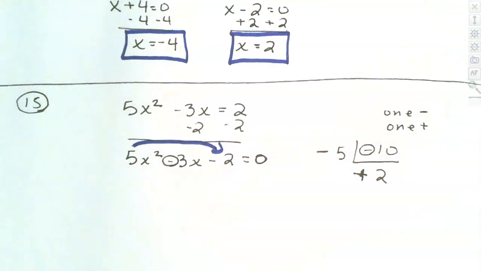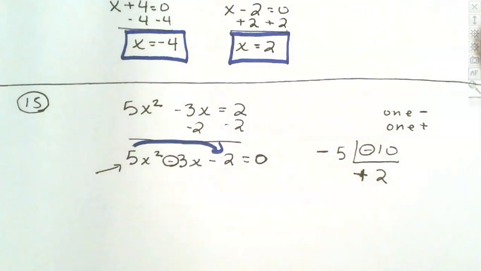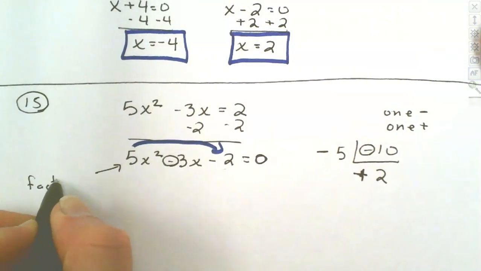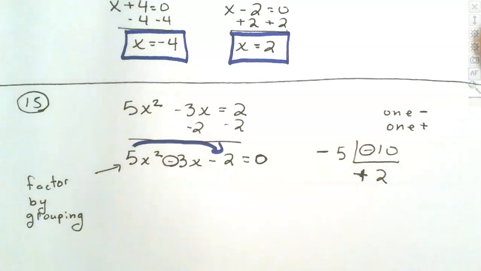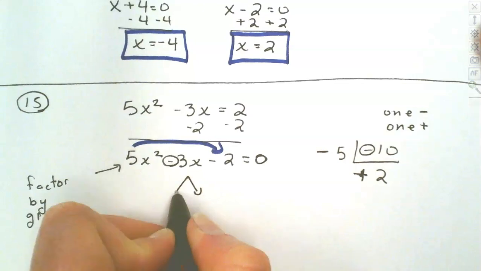Now, because of that 5 out in front, we have to add an extra step. Because this is not 1, because of that 5, we have to factor by grouping. And so how do we factor by grouping? Well, we take that middle and we split it up.